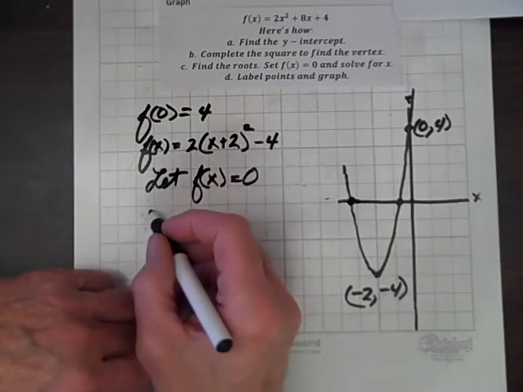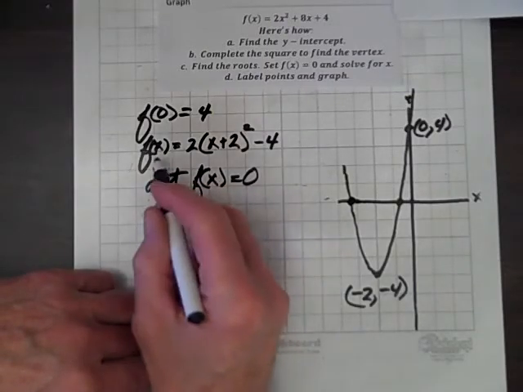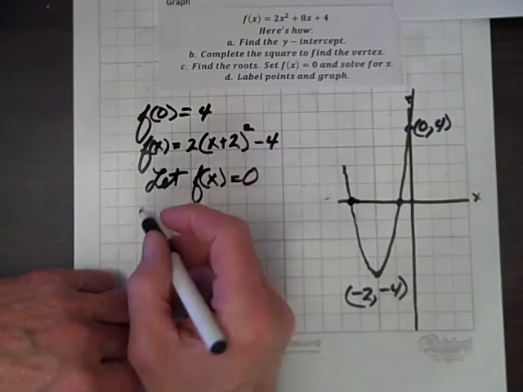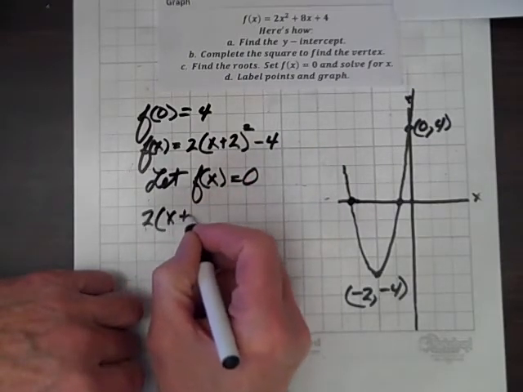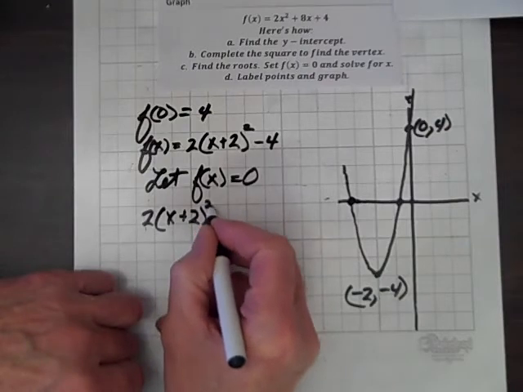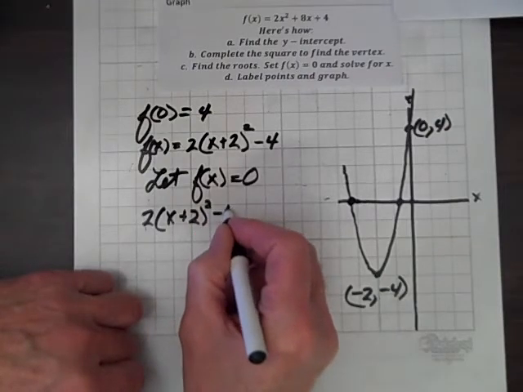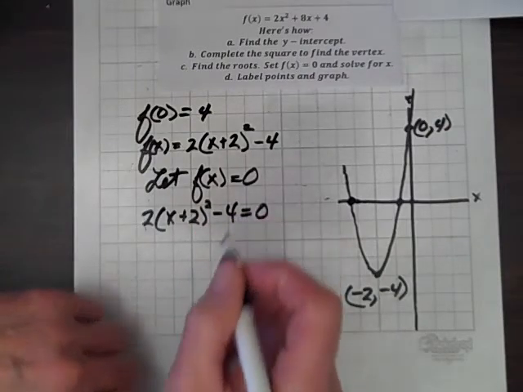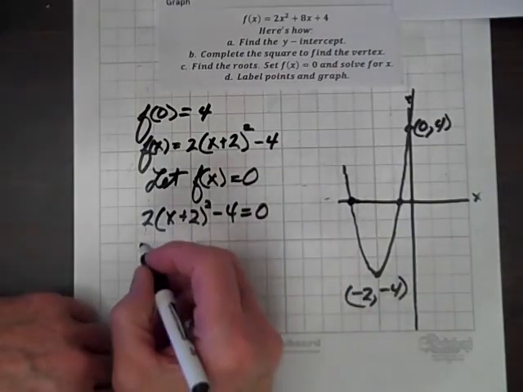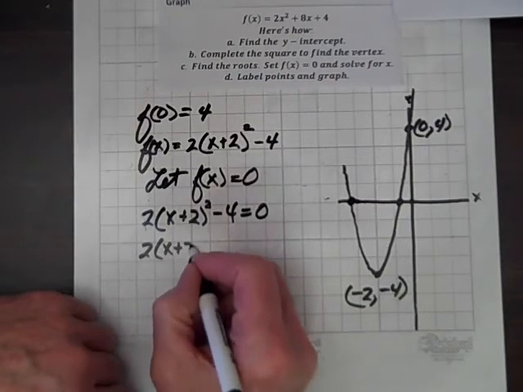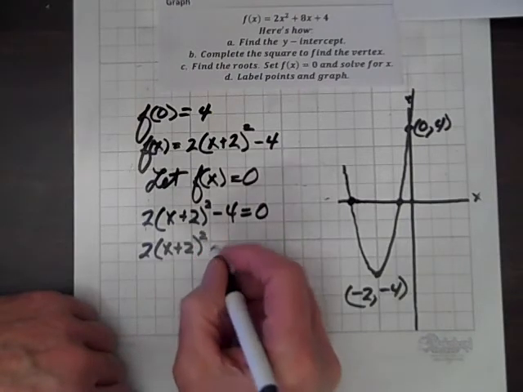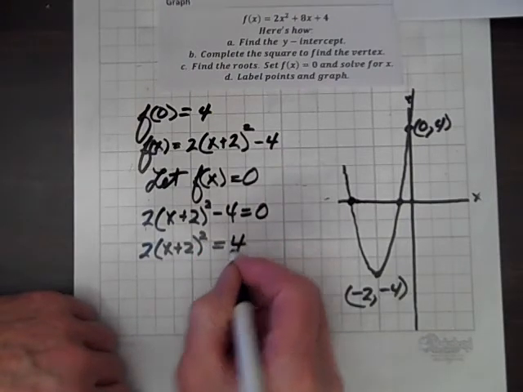If this is the case, then, since f of x equals what we have on the right here, then 2 times x plus 2, quantity squared, minus 4 equals 0. Adding 4 to both sides, we have 2 times x plus 2, quantity squared equals 4.